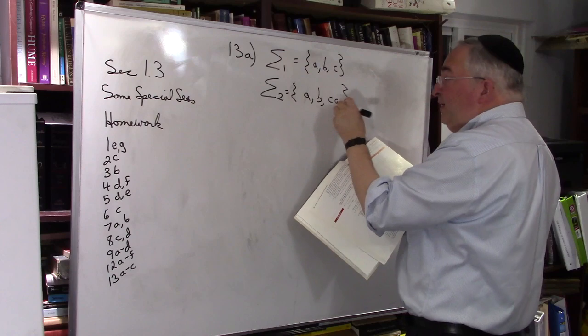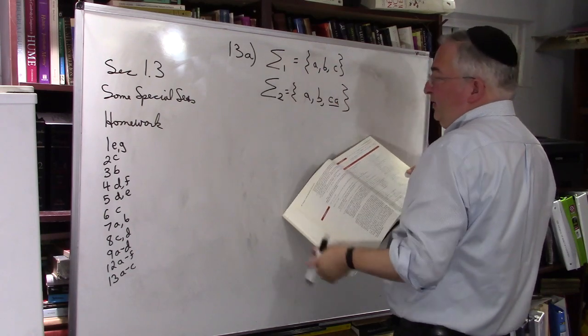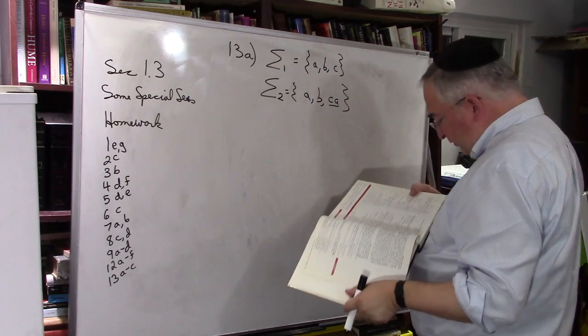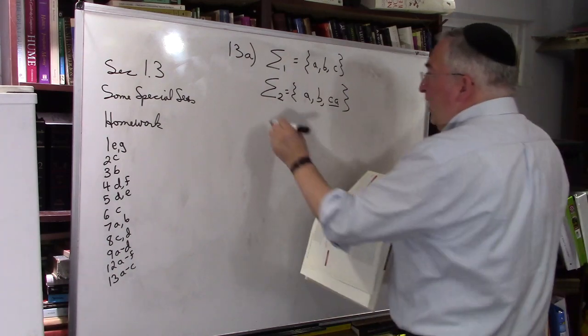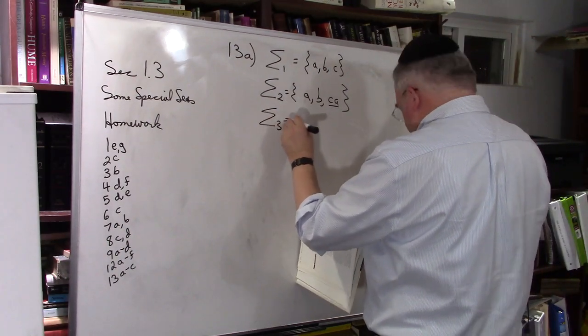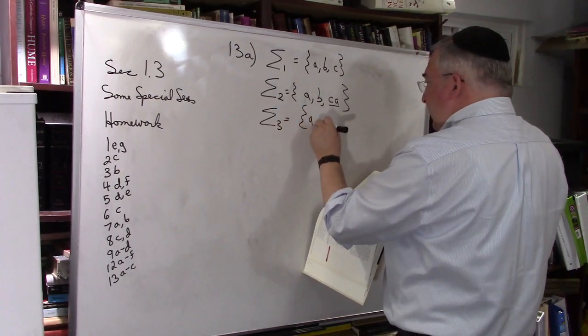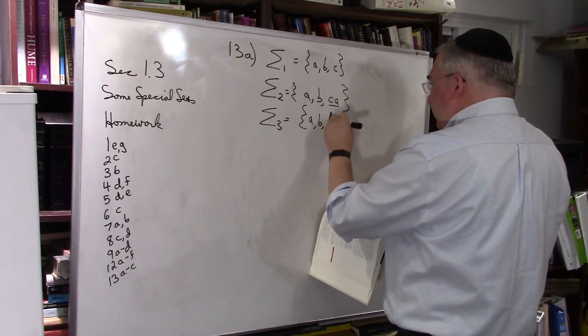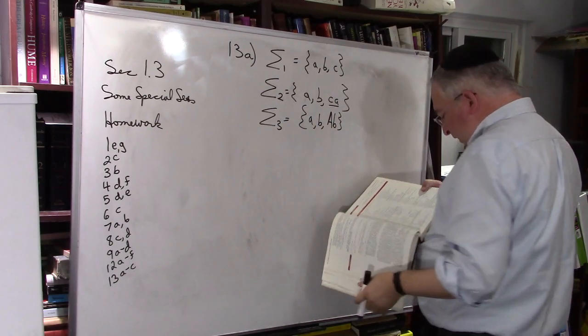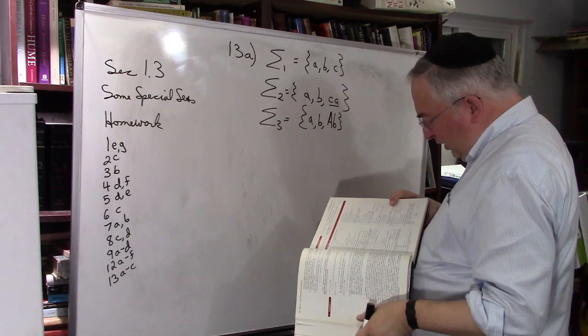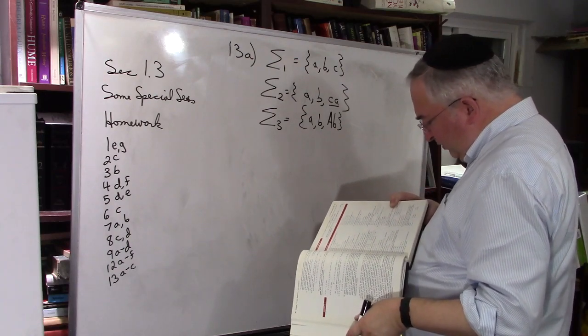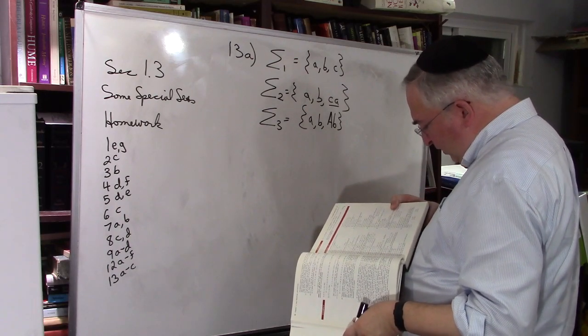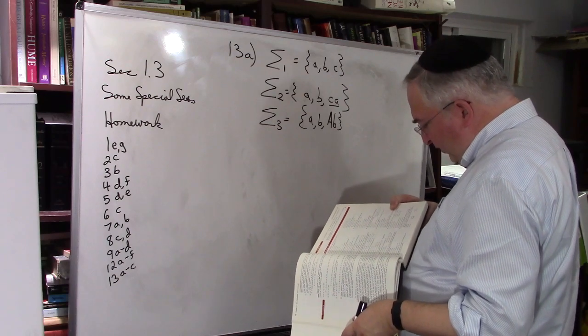So that's one symbol. It might look like 2 symbols, but it's one symbol. And sigma 3 is equal to {A, B, and capital A, little b}. Determine to which of sigma 1 star, sigma 2 star, sigma 3 star each of the words below belong, and give its length as a member.